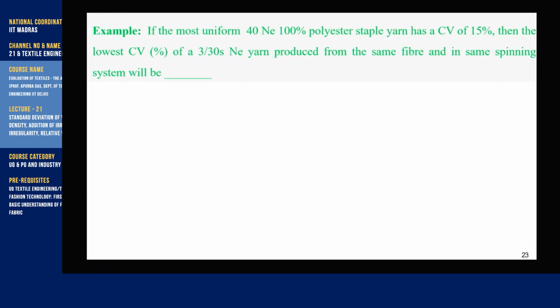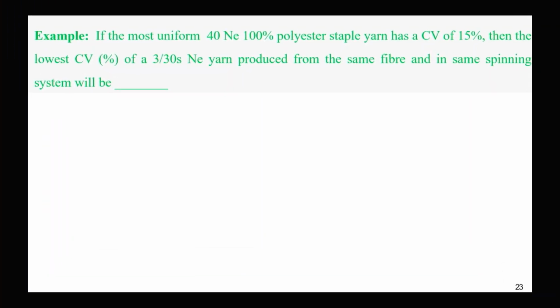Next, if the most uniform 40 NE 100% polyester staple fiber has 15% CV, then what is the lowest CV of 3 ply 30s NE? So 3 ply of 30s yarn.